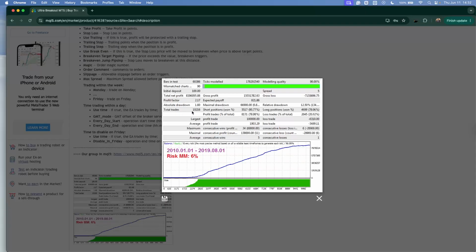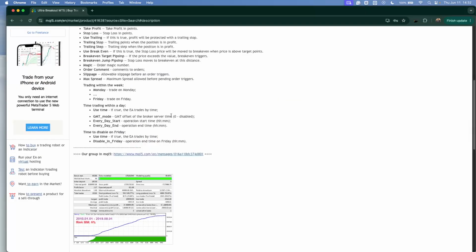Total trades taken was about 10,216, profit factor 2.17. They also have around 80% win rate and a very low drawdown, like 0.8. All of these are impressive numbers, so it's presented as an easy, reliable system with full risk management for catching EURUSD breakouts.